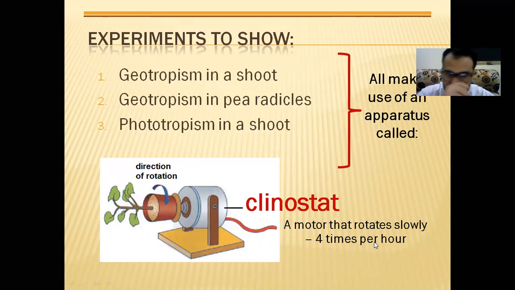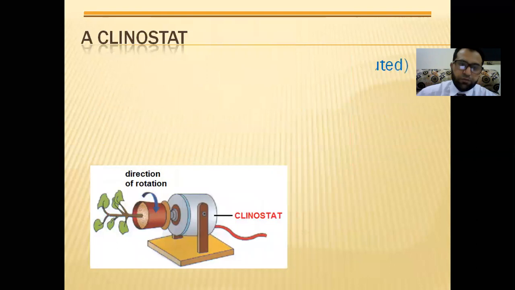It's a motor, you can see, and we fix our plant here. So it's rotating 4 times per hour. If it is rotating, for example the root, all parts of the root or shoot are exposed to gravity equally, right? So we use it as a control. Let's see it now.